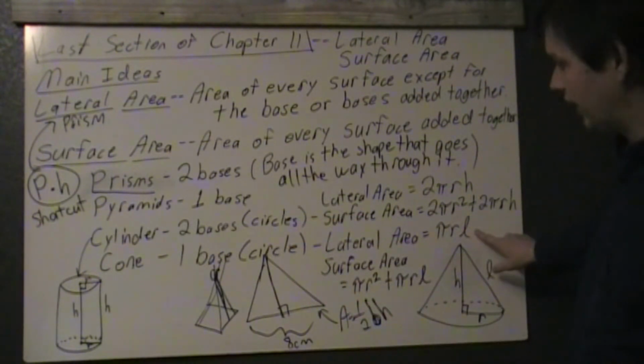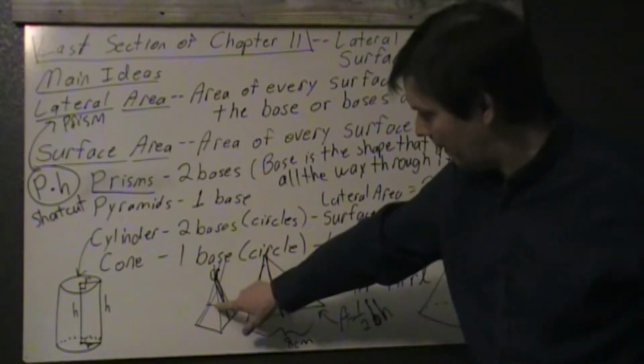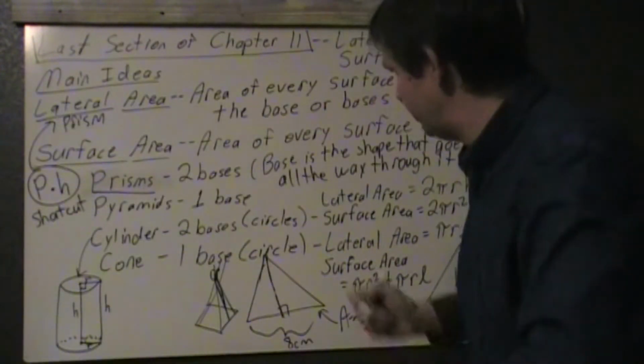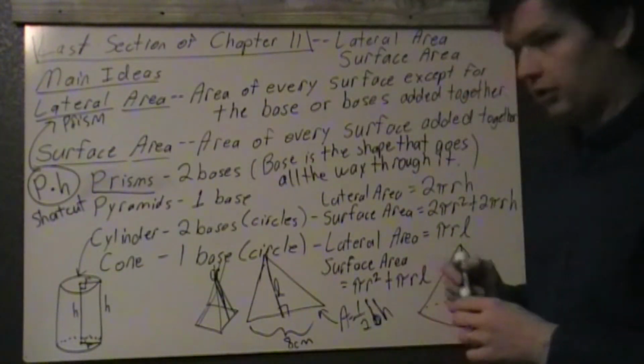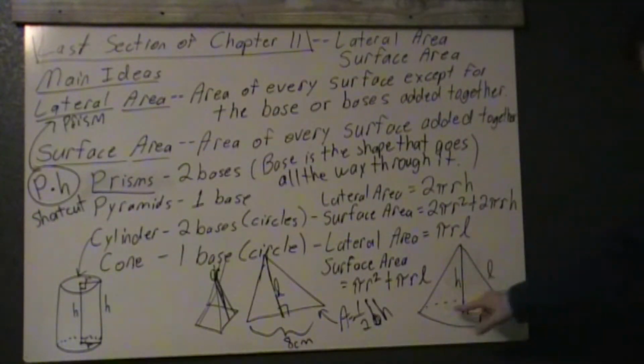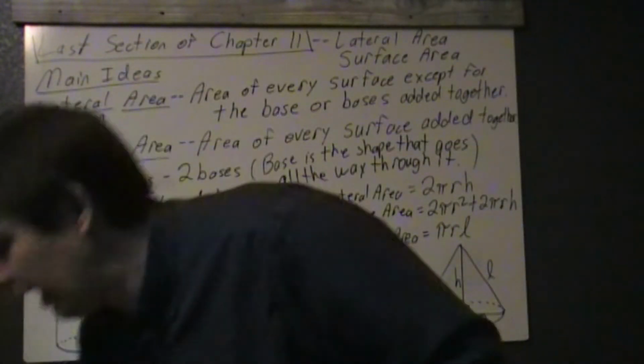When you see slant height, like on this square-based pyramid a while ago, this is actually called the L, the slant height. So the slant height on this cone is L. That's called the slant height.